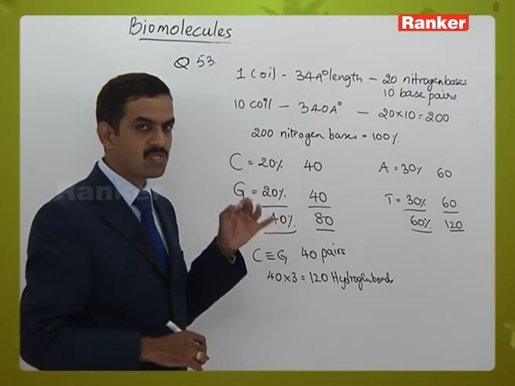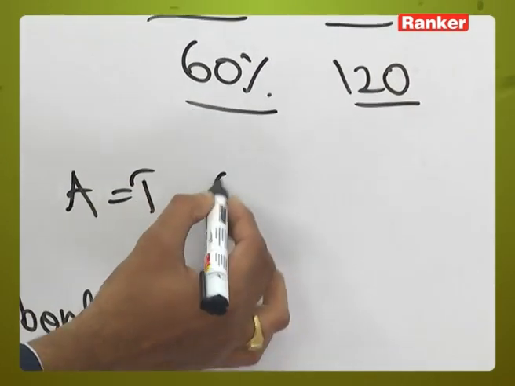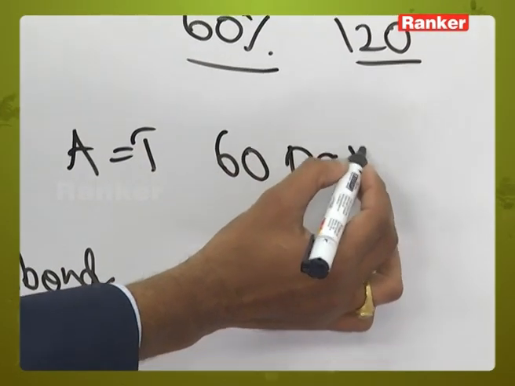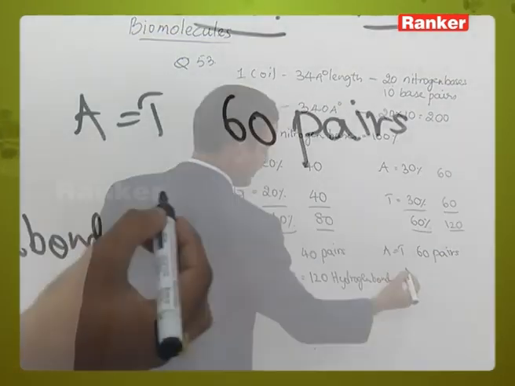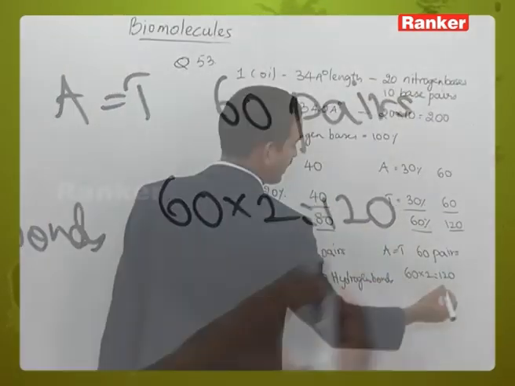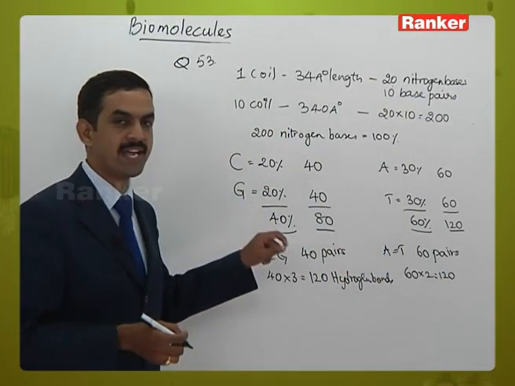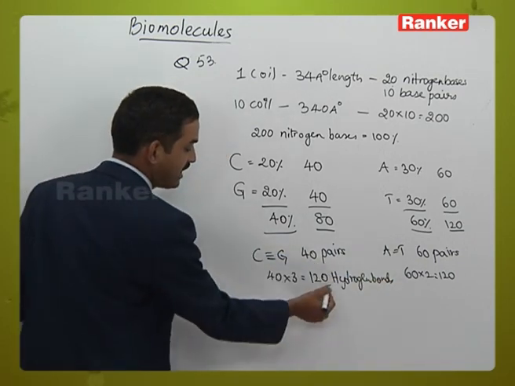And how many pairs of A and T are there? A and T pairs are 60 pairs, and each pair contains 2 hydrogen bonds. That's the reason why 60 into 2. The total number of hydrogen bonds formed by 60 pairs of A and T is 120. So we already got 120 in CG.